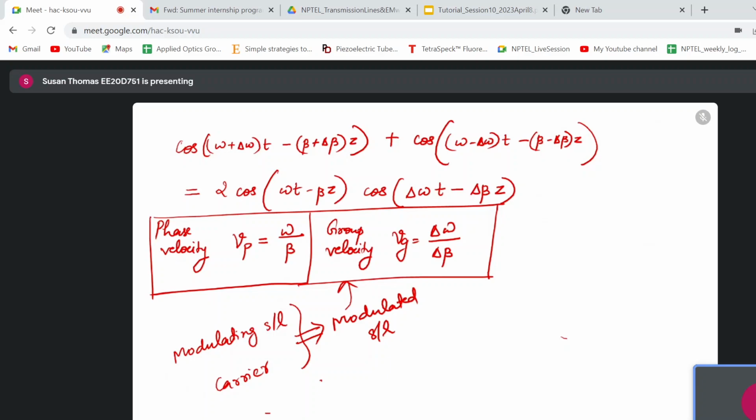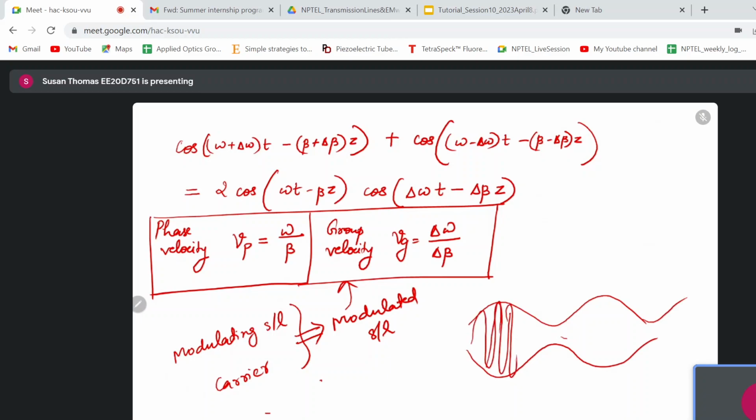Okay, so that group velocity is the one which conveys the information. Okay, so we say, I can just try to refresh the concept of modulation.